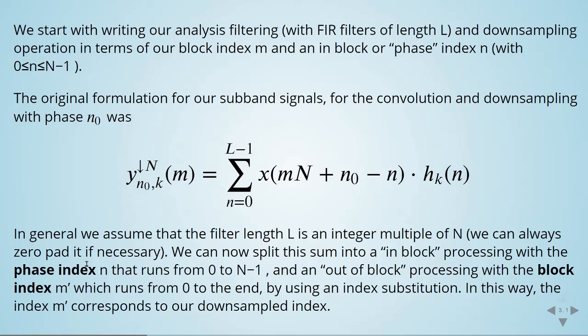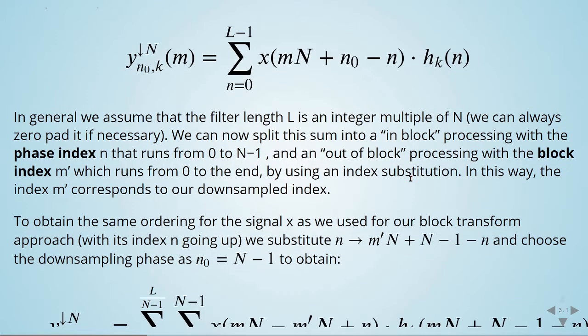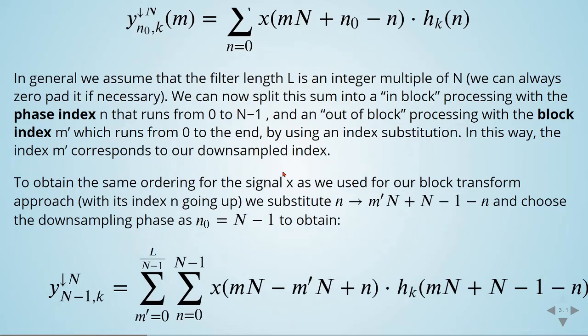In this way, the index m prime corresponds to our downsampled index. To obtain the same ordering for the signal x as we use for our block transform approach, with its index n going up, we substitute n by m prime times capital N plus N minus 1 minus n, and we choose the downsampling phase as n0 equals N minus 1.